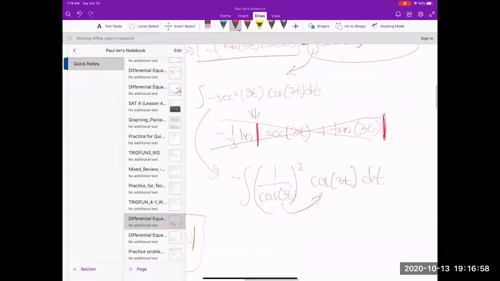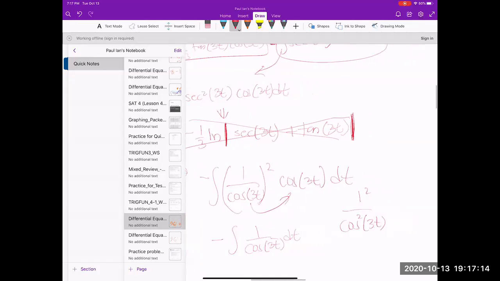You would get 1 over cosine 3t. Can you do that through a square? Yeah, because it's 1 squared over cosine squared. There's nothing bad going on that you can't do math with.